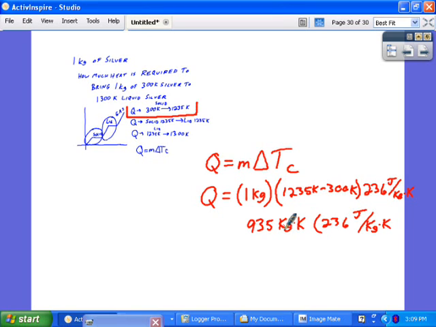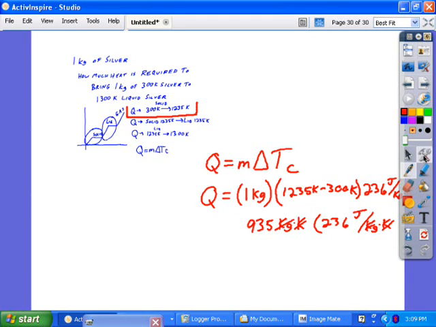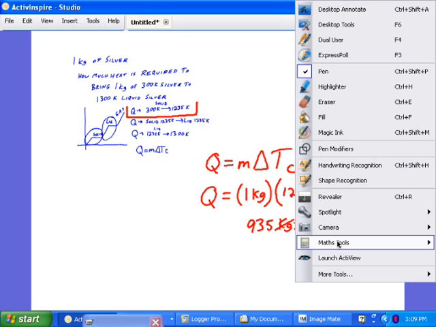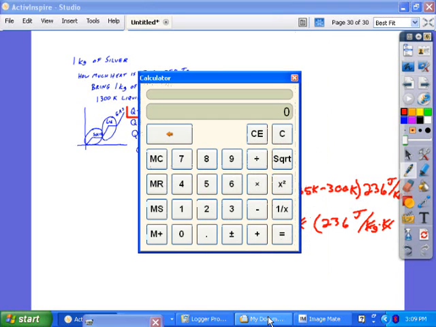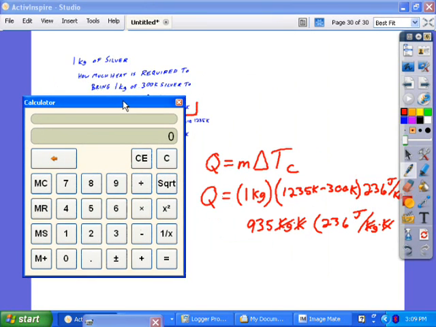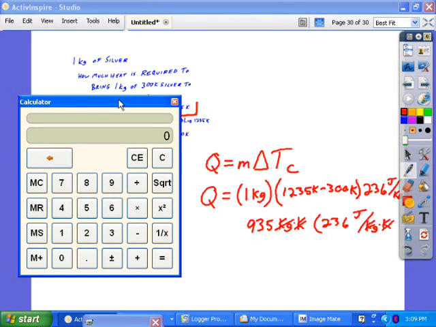Now here's the nice thing. Kilogram Kelvin, kilogram Kelvin, kilograms will cancel with kilograms, Kelvin will cancel with Kelvin. I'm going to end up with units of joules here. So 935 times 236, get my handy dandy calculator out here. Just going to leave this off to the side because I'm going to use it about 150 times here. 935 times 236.